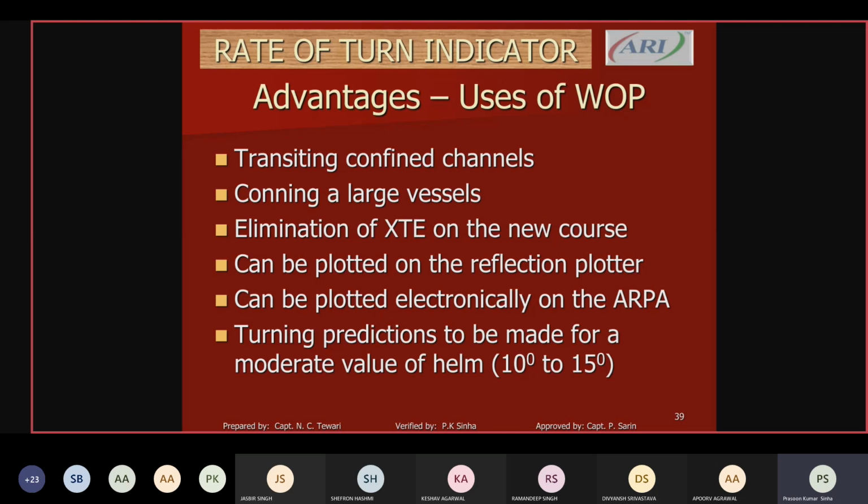So write down the advantages of wheel over point. Please write it down. XTE means cross track error. If any point is not understood, ask.